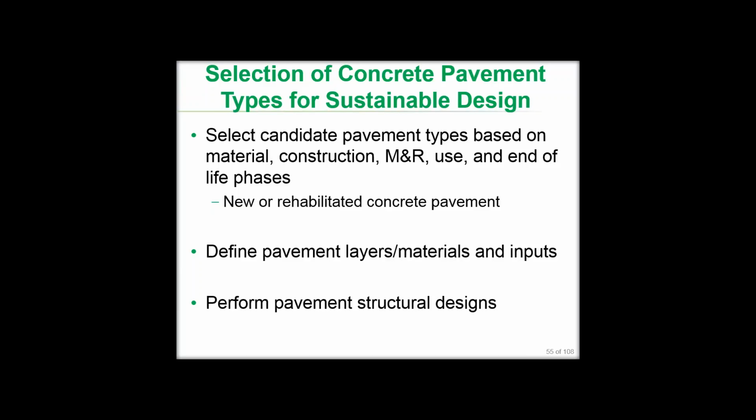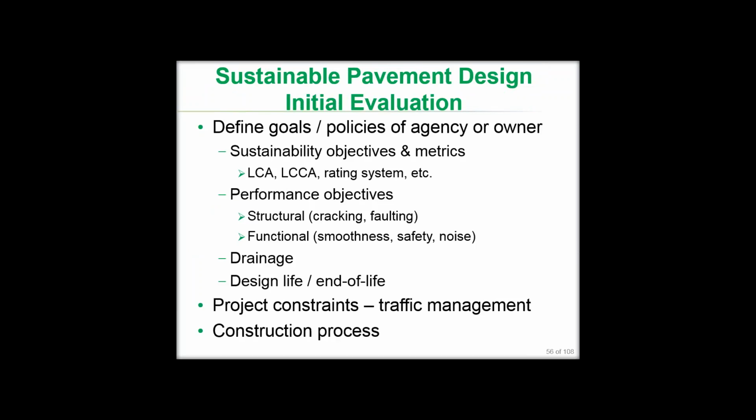Furthermore, when we define these different pavement types, we also have to understand that we'll be making choices on the various layers in each of these pavement types, the materials we'll input, such as the recycled materials or byproduct or co-product materials, and also the design inputs. And finally, the structural design will have to be completed on the candidate pavement types that we're going to be selecting. Ultimately, this will have to be assessed, as was noted by John's previous flow chart.